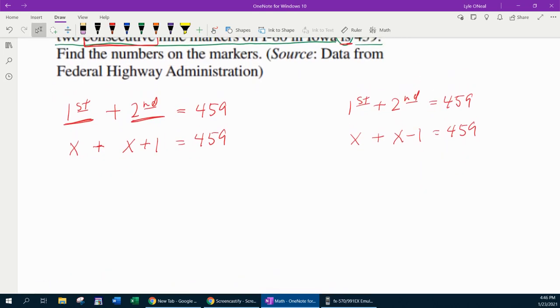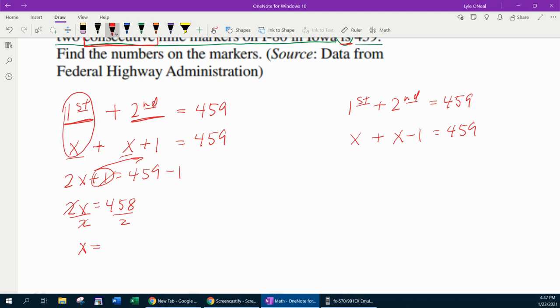Okay, so for the first equation, if I add like terms, that's going to give me 2x plus 1 equals 459. Bringing the plus 1 over makes it a minus 1, 458, and divided by 2, that'll give me x, and remember, x was the first mile marker.